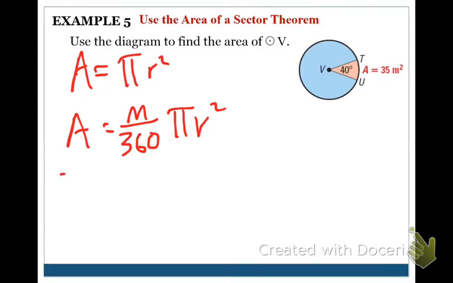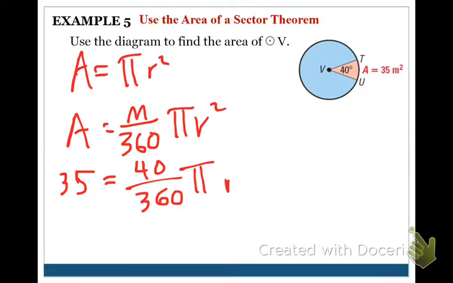That's going to be 35 equals 40 over 360 times pi r squared. Then we have to solve for r.